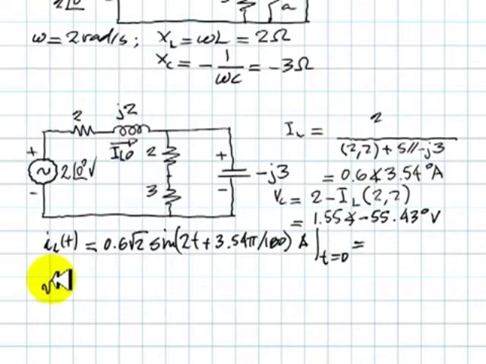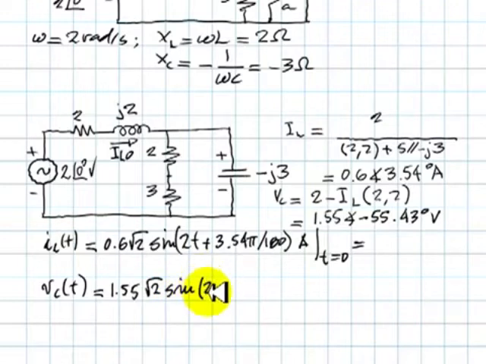The voltage in the capacitor is the peak value 1.55 root 2 sine of 2t minus 55.49 degrees, but in radians.